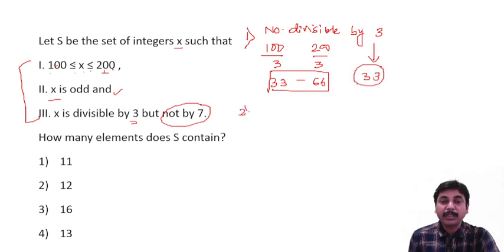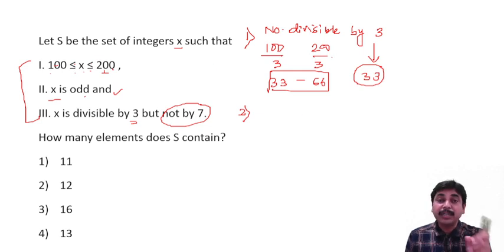Now I want only odd numbers. These 33 numbers include odd as well as even, because you know that in the table of 3 you get odd and even numbers alternately. So when you get an even number which is a multiple of 3, it is a multiple of 6.